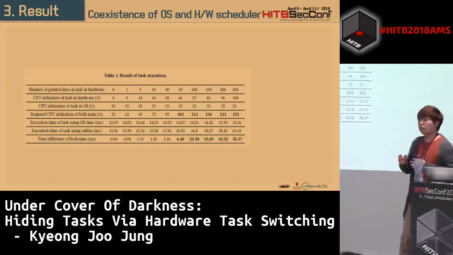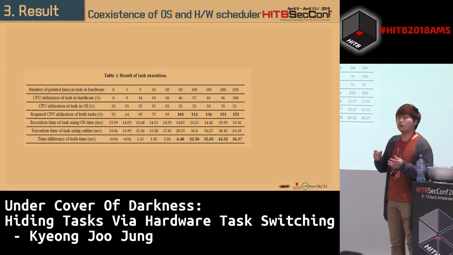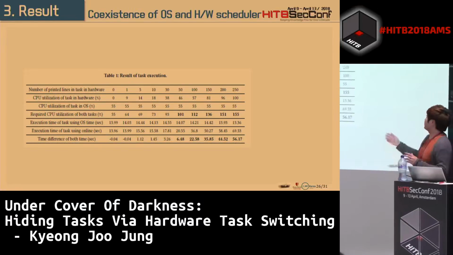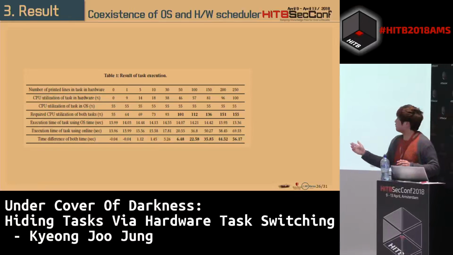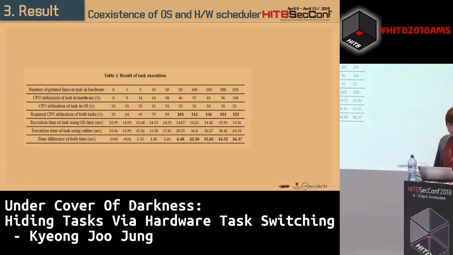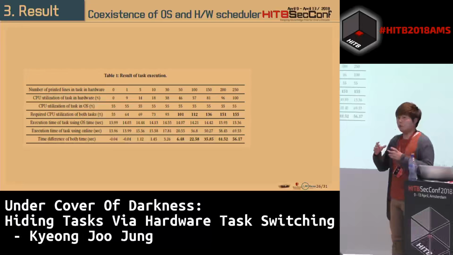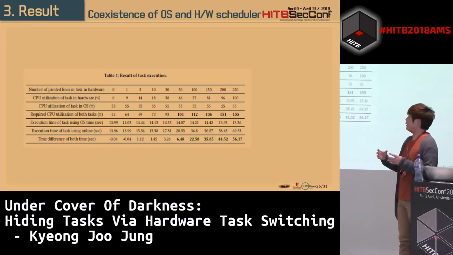What we were trying to do is see how the hardware task switching affects the OS scheduler by measuring the normal task in the OS. Yeah, the graph is quite dirty, so I will explain one by one. I told you that we are going to measure the time of the normal task in the OS.